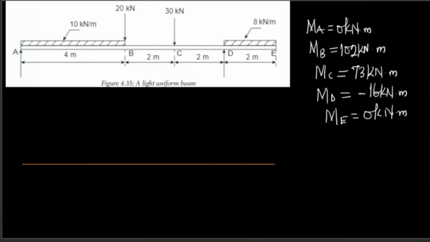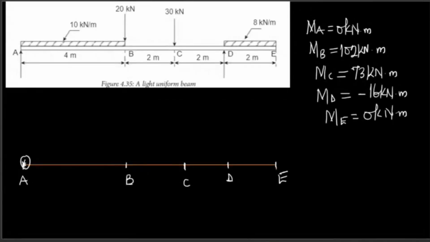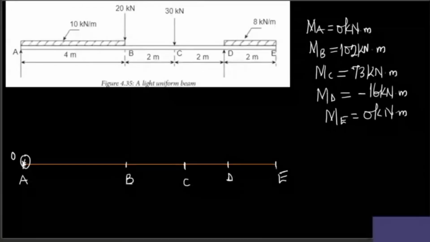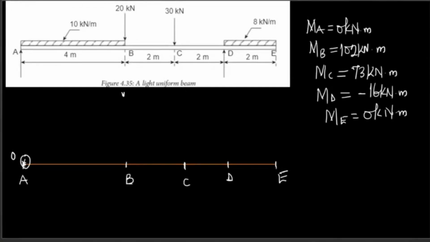I don't even need the beam. I'm just going to indicate the sections. This is A, this is B, this is C, this is D, and this is E. Bending moment at A is 0. That's my first point there. Bending moment at B is 102.